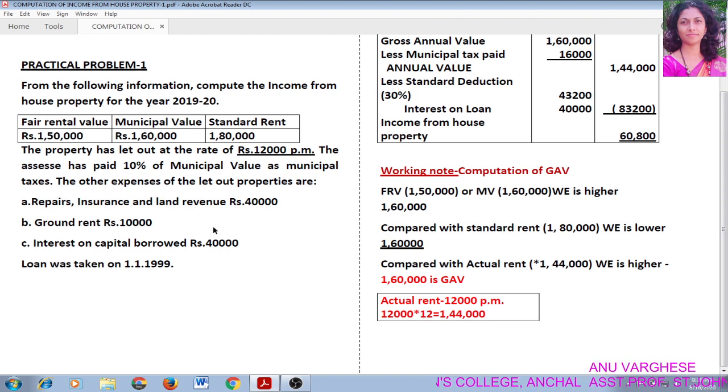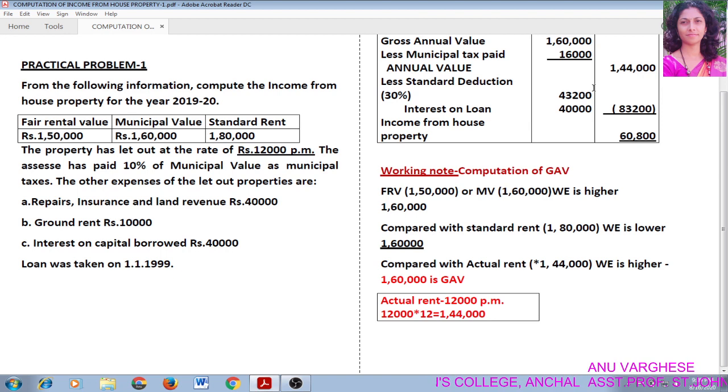We can't deduct these expenses. We can deduct only interest on loan. So here it is given that interest on capital borrowed is rupees 40,000. Interest on capital borrowed means interest on loan. That is rupees 40,000. So you can deduct that figure, interest on loan 40,000.